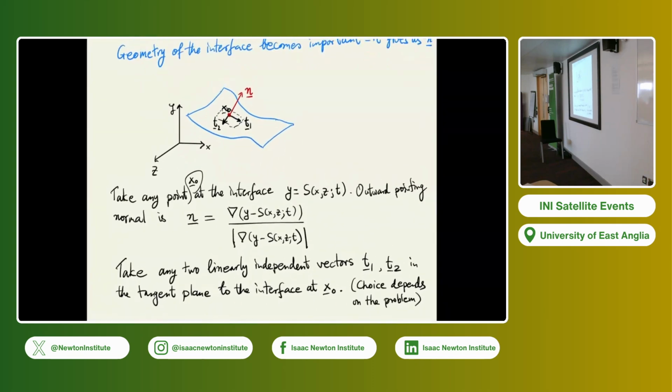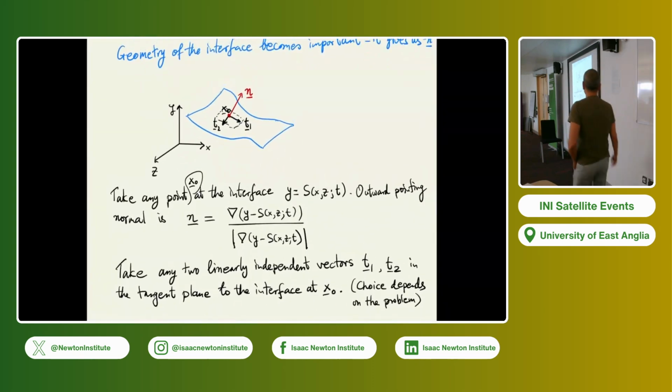The normal is very straightforward to find, right? If I think of this surface as a function of x and z, so y is a function of x and z, then the gradient of y minus this function is the normal. So that will give me the normal. And then a little bit of differential geometry will give you T1 and T2.